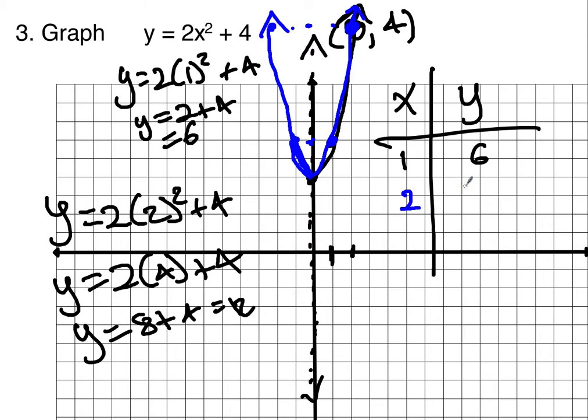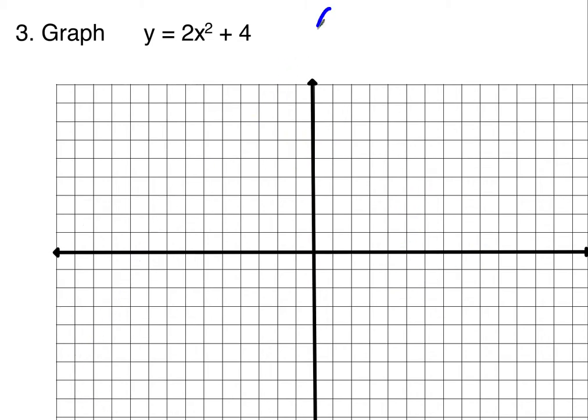So we had the point 2, 12. That means we have the point negative 1, 6, and negative 2, 12 as points also. So that's how you graph it. You find the vertex, which if it's in this form, it's 0, c, and then you plot points on one side of the axis of symmetry and find their reflection.